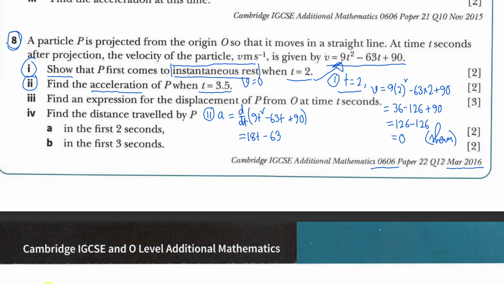The question asks to find the acceleration when t equals 3.5. So let me write here, when t equals 3.5, we put the value of t in the acceleration expression: 18 times 3.5 minus 63. We can also do that using a calculator.